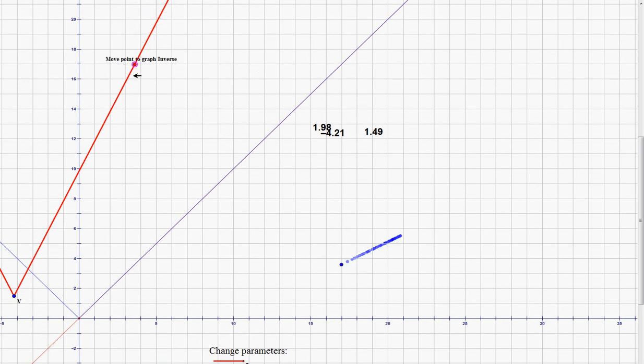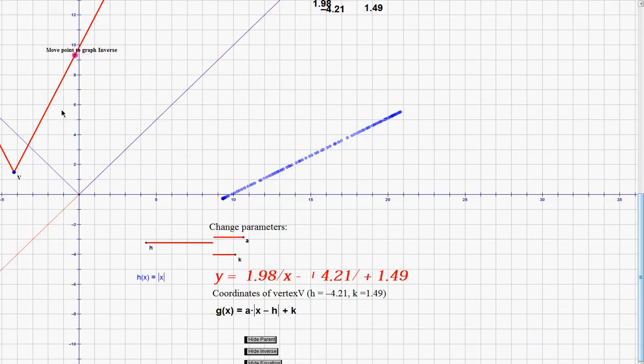As long as I move this point, I will see that the reflected point actually sketches the graph of the inverse. In this situation, it's not a function, of course. In our situation, this is an inverse relation. So the inverse for this one isn't a function, but you can clearly see how they are related.